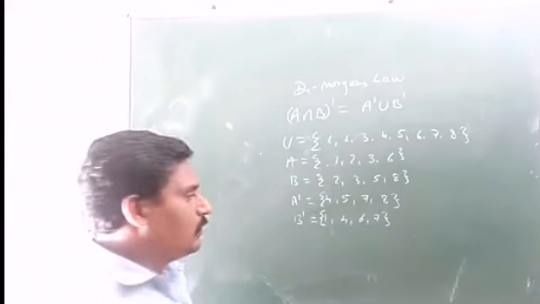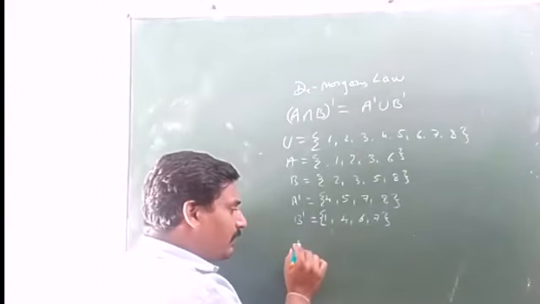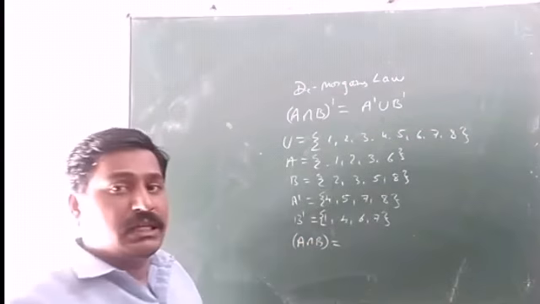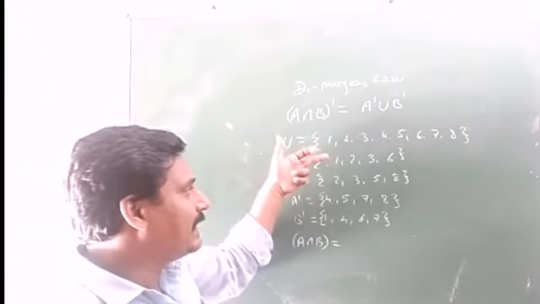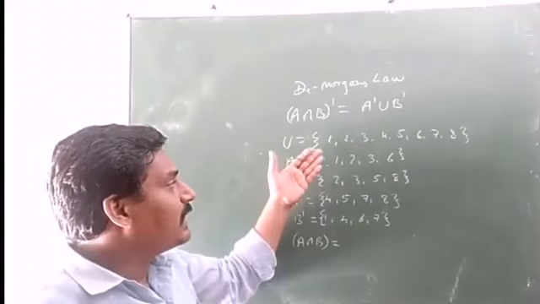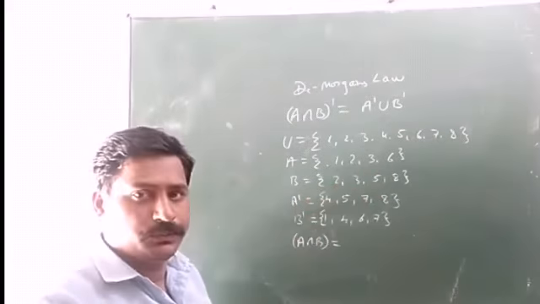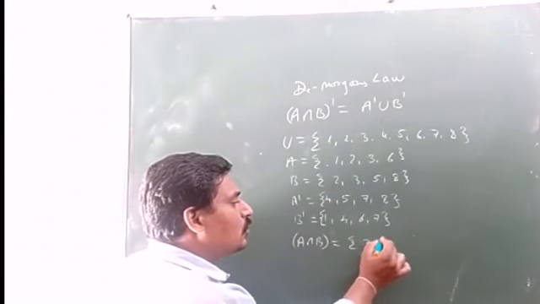Okay. So now (A intersection B)'. Let us first prepare A intersection B. What are the objects which are common in sets A and B? In set A and set B, 2 and 3 are common. So A intersection B is equal to {2, 3}.